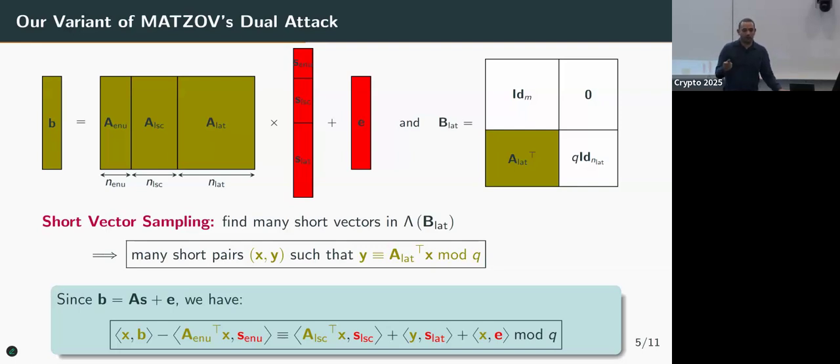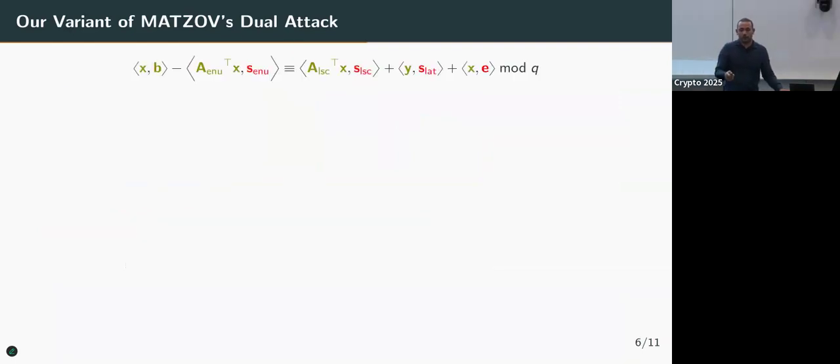Since B equals AS plus E, if we apply the scalar product by X on the two members of this equality and rearrange the terms, we obtain the following equation, where the green part is what we know, and the red part is what we don't know. What is interesting in this equation is that the last two terms are biased towards zero.